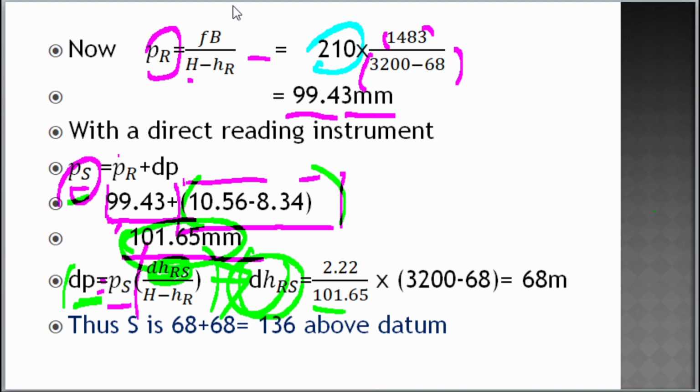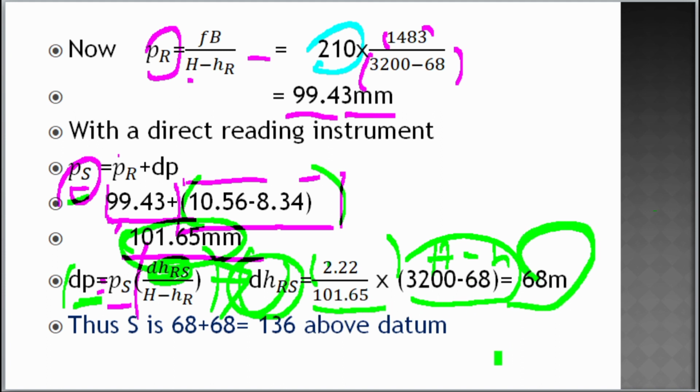By direct substitution, I have already done it, so you can do it slowly. Here we have the correct representation of our data: the flying height minus the height of the datum, multiplied by the difference in parallax, that is 2.22, over 101.6. By multiplying that, our answer will be 68 meters. So 68 meters is the difference in heights between R and S.